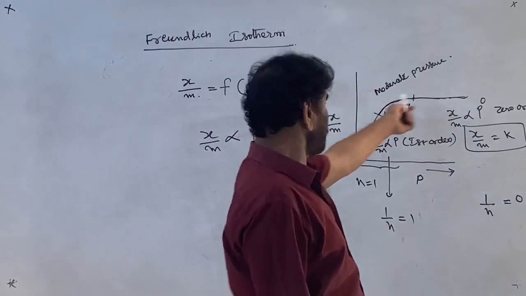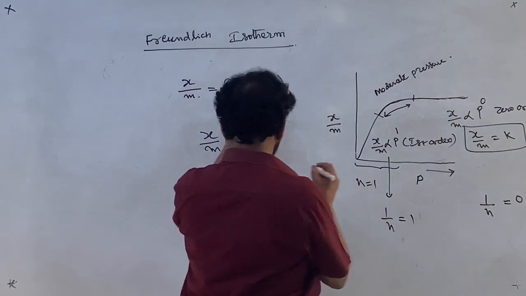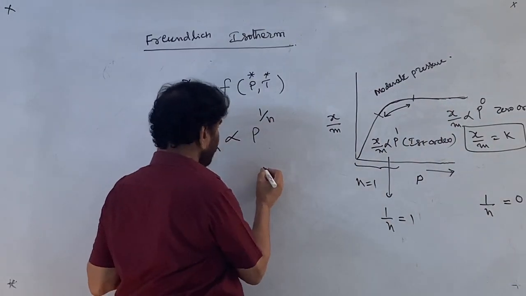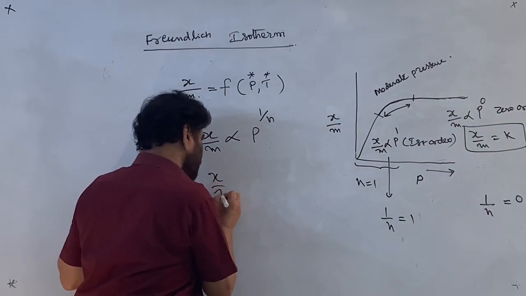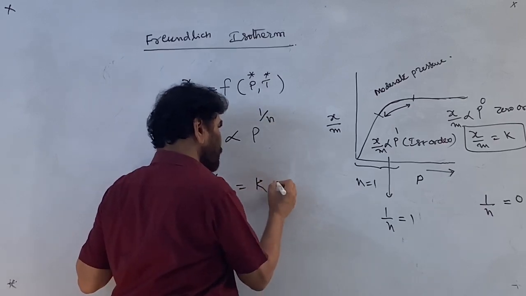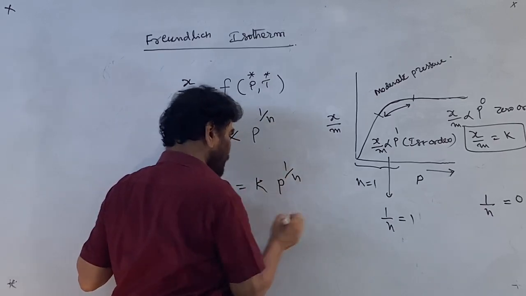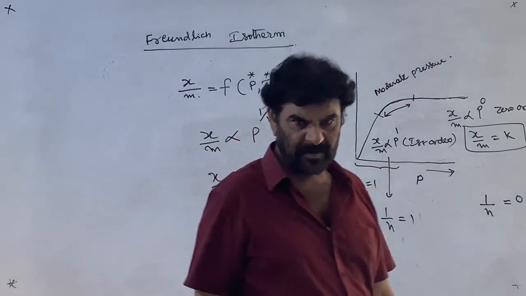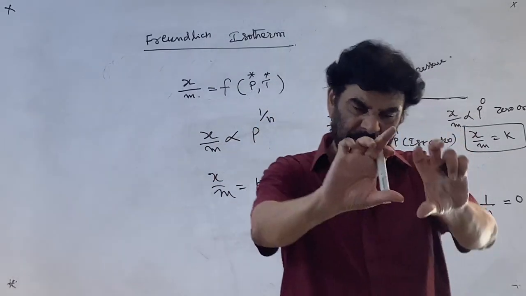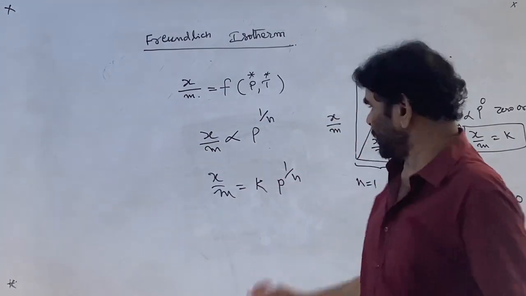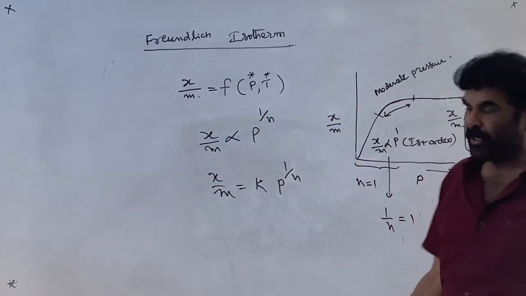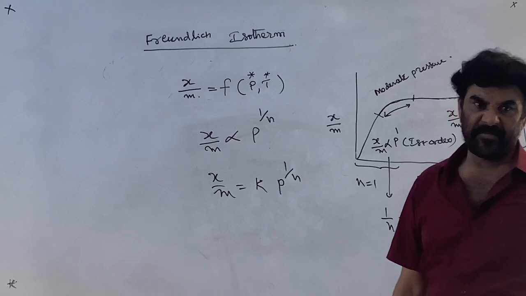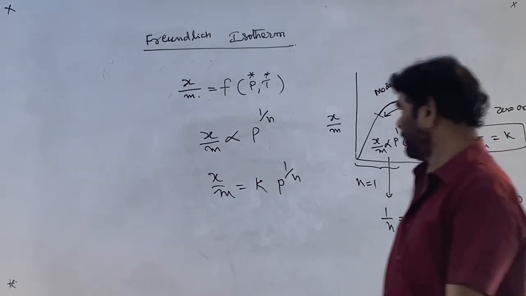So that is changing. Now x by m is equal to k into p to the power of 1 by n, where k and n are taken based on the experimental observation. He proposed this equation to explain the curve graphically.